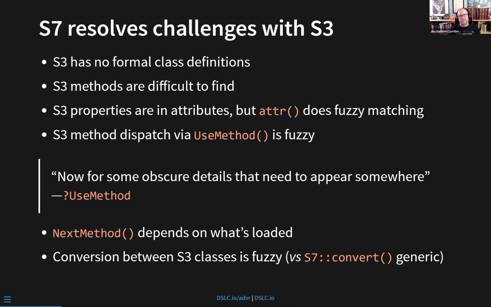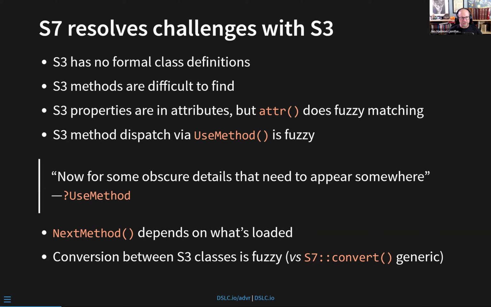It's kind of a sloppy system. That is also kind of S3's strength, that it's easy to just slap it into something and it works pretty well, but it means that it's easy for things to go bad. It's hard to tell how something is intended to work sometimes. And so S7 is intended to add some structure onto that.